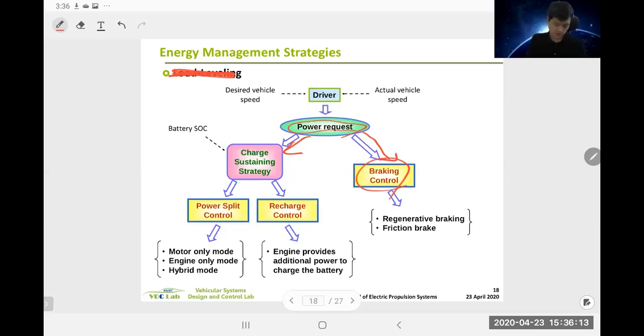So this is the key part. And then it also has to make sure charge is sustained, and we want to maximize fuel economy and meet the power demand, right?